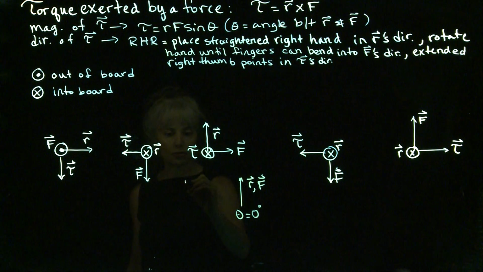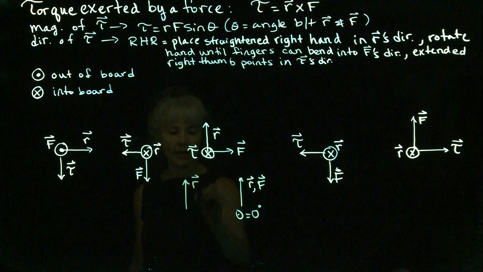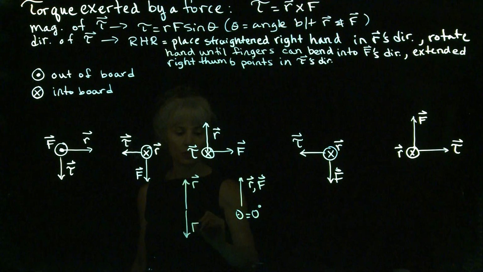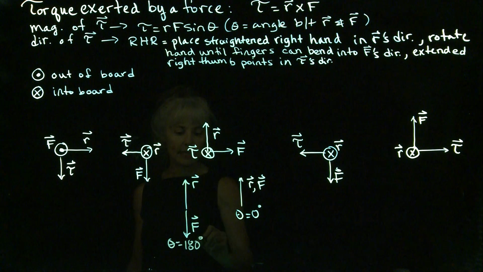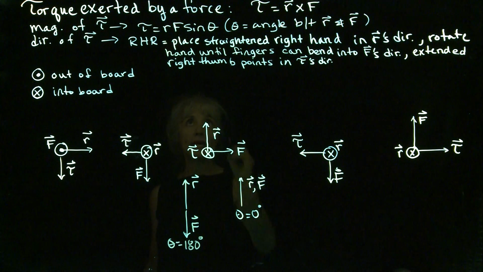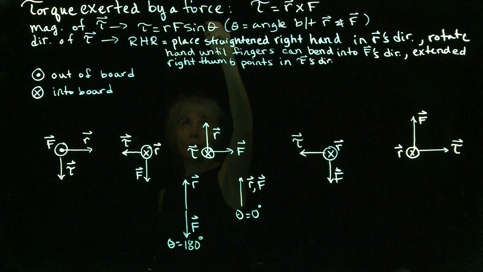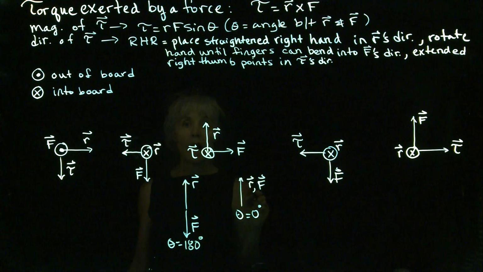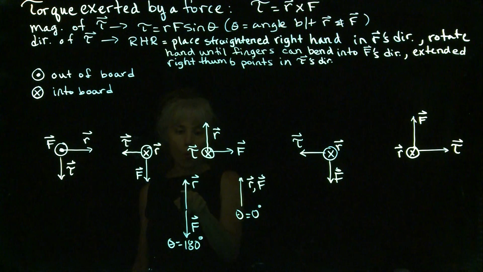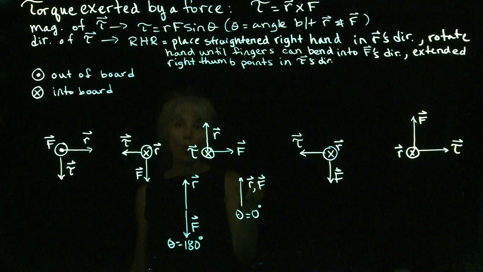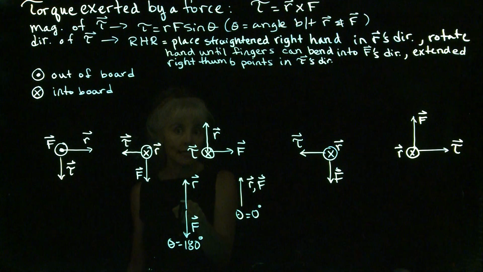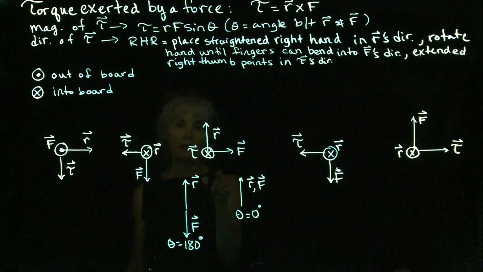And then the other extreme is when r and F are pointing in opposite directions, and here theta is equal to 180 degrees. Notice that in both of these cases, when I plug in sine 0 or sine 180 degrees, I get 0 for the magnitude part of the torque. So when r and F are aligned, either collinear or completely opposing, there is no torque being exerted by that force.